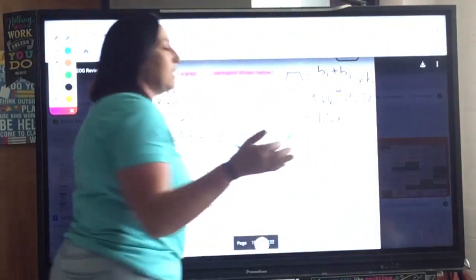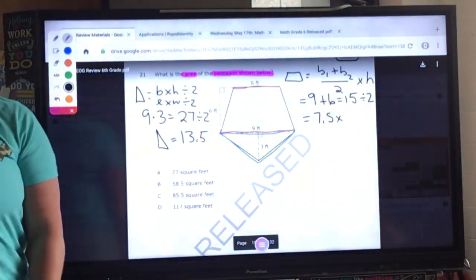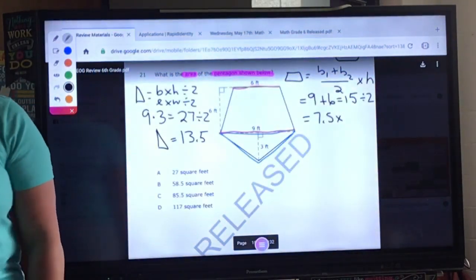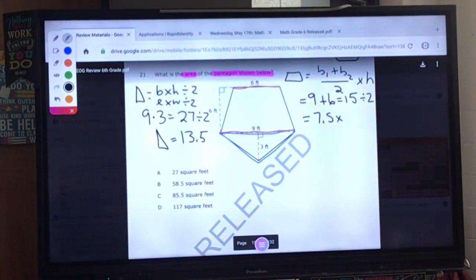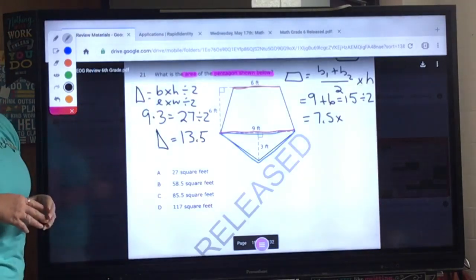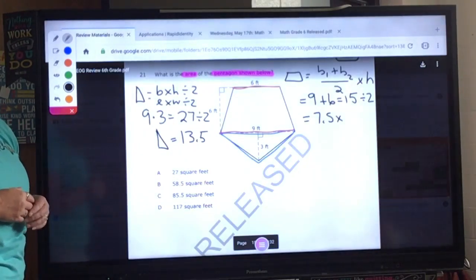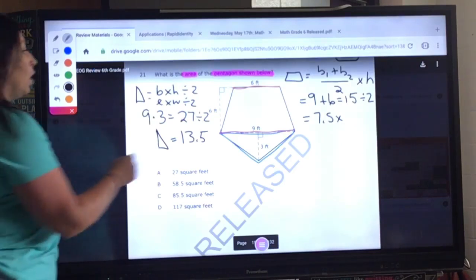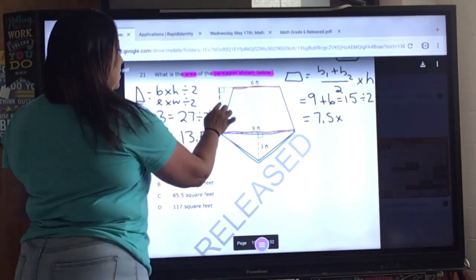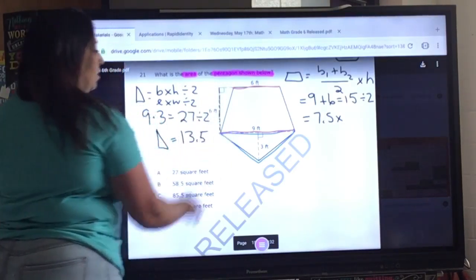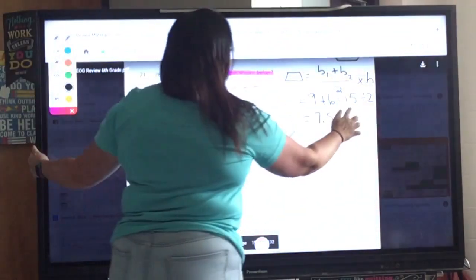And then I'm multiplying 7 and a half by what? My height. What is my height, and how do I know it's my height? Emma? It's on the side, and it's also got these dotted lines right here, right? So whenever you see dotted lines, it's telling us it's the height.